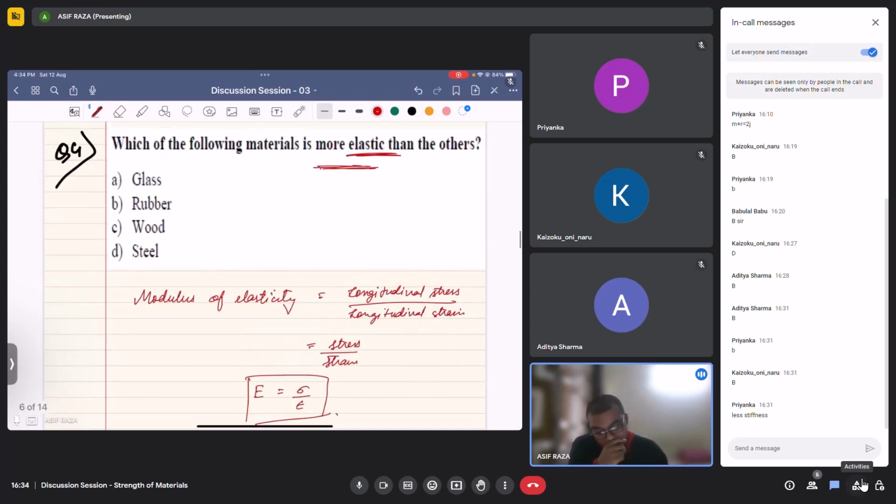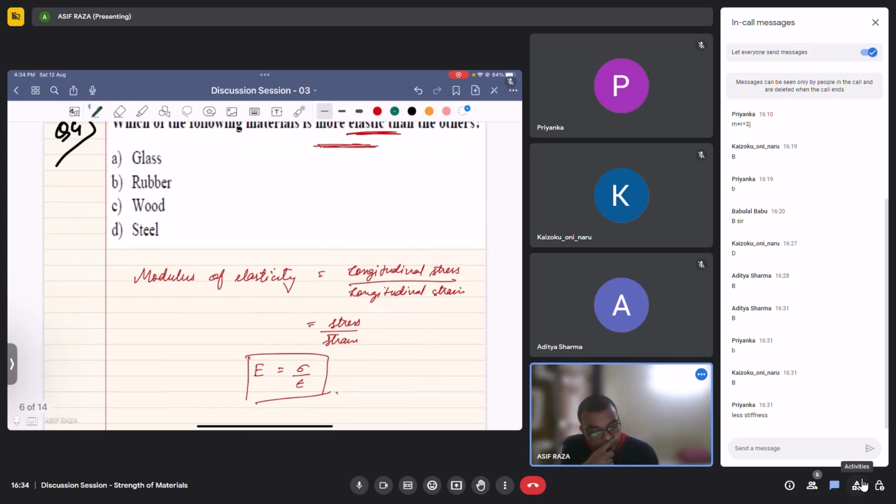if you study subjects or go through the literature, you would find E, Young's modulus, the other name for the modulus of elasticity.